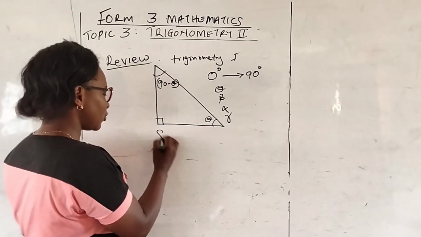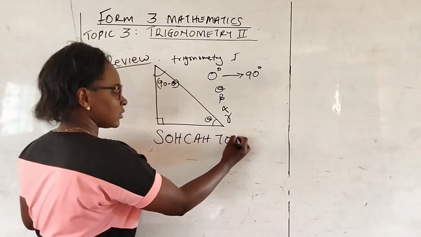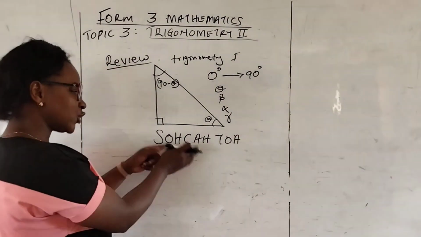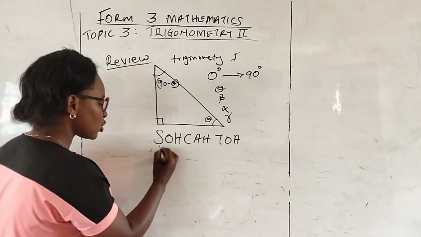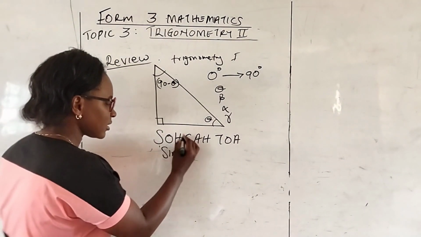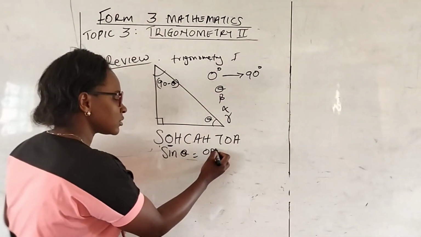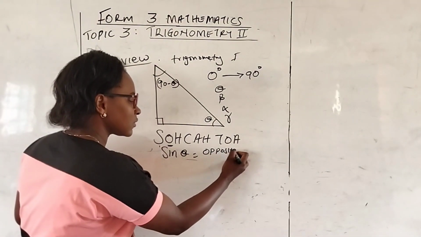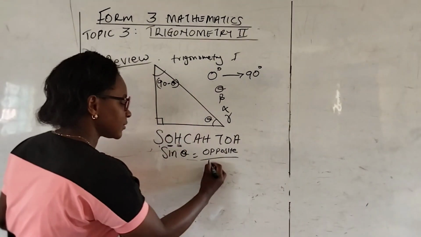I know you know about SOHCAHTOA. SOH means sine theta is given by O for opposite divided by H for hypotenuse.